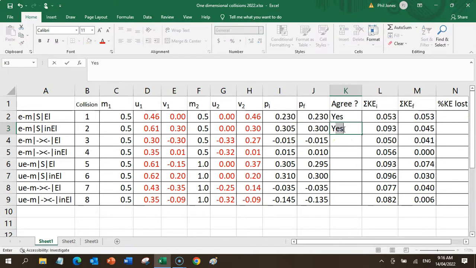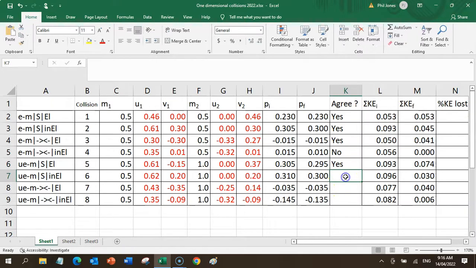So I'm going to type in yes here. Here, they're exactly the same. So yes. Here, there is a bigger difference. So perhaps we're not quite justified in saying yes. Here, the difference is very small. So I'm going to say yes.